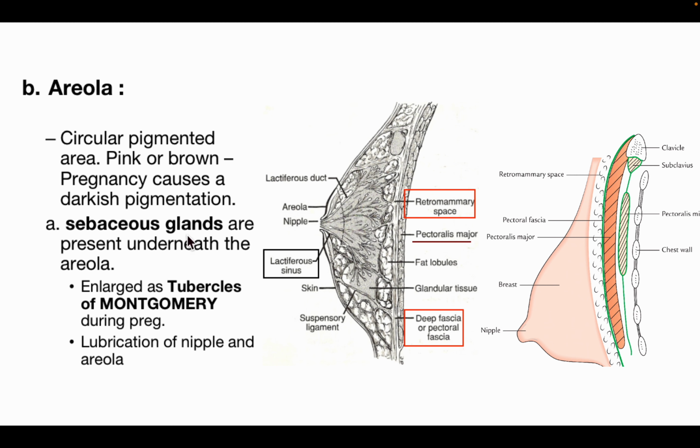So the sebaceous glands are enlarged, known as the tubercles of Montgomery, and they are enlarged during pregnancy. The sebaceous glands help in the production of oil, which helps in lubrication of the nipple as well as the areolar area.